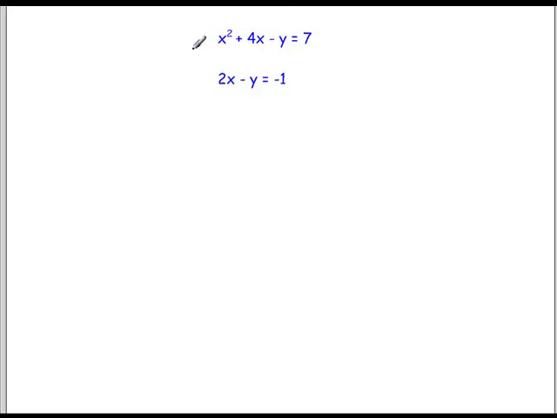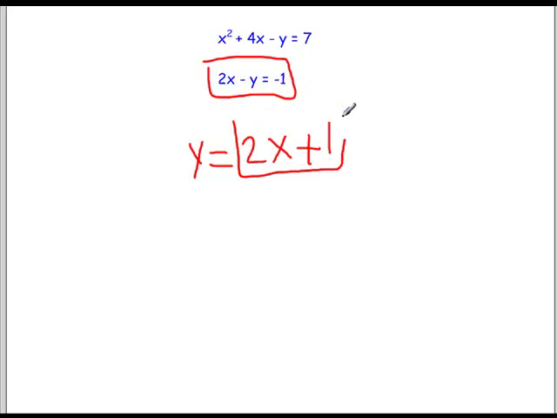Alright. We can do this with a parabola, right? This is going to be a parabola. So I'm going to take this, and I'm going to solve for y. We're going to get y equals 2x plus 1. All I did was bring the y over, and I brought the 1 over. So now we take this, and we plug it in for y.